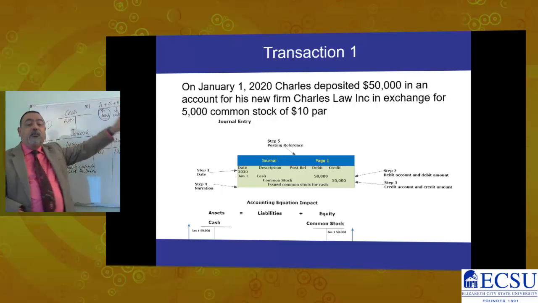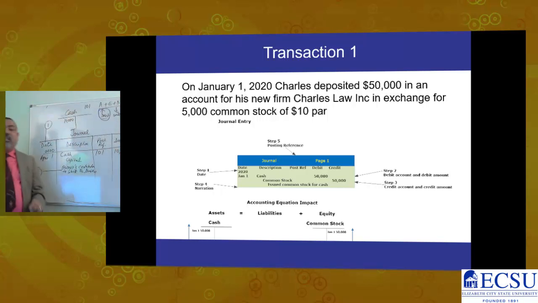If it increases, we put it on the credit. So that's why you see that effect. That's your step number 1, 2, 3, 4, and 5 is the posting reference. I have not put the posting reference right now because I have not posted the transaction to the ledger. When we do the posting, I will show how it is done.